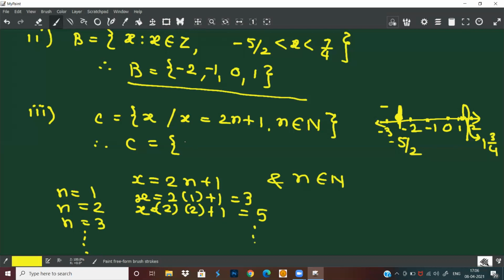Correct? So ये क्या आएगा? It will not start with 1, it will start with 3. 3, 5, 7, 9, dot, dot, dot. ये infinite set होगा. Correct?